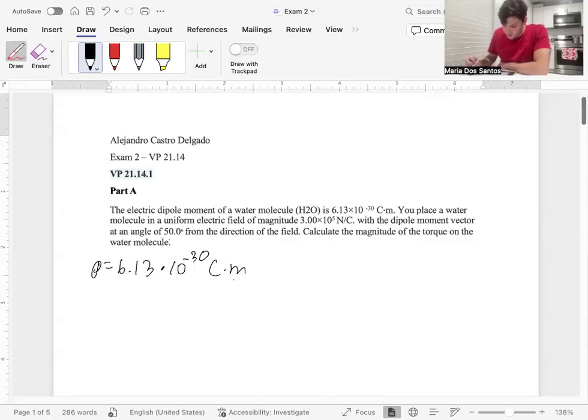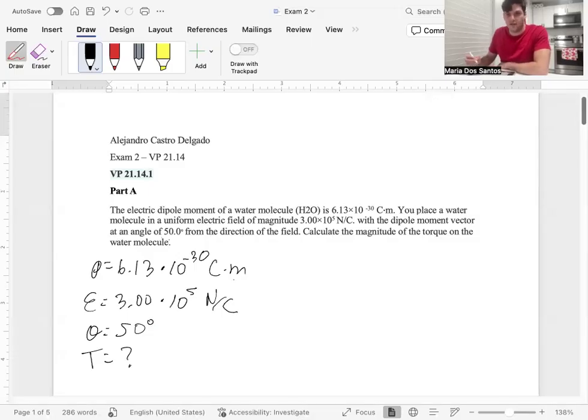Electric field of magnitude is also given to us. And the angle of 50 degrees. And we need to find torque.